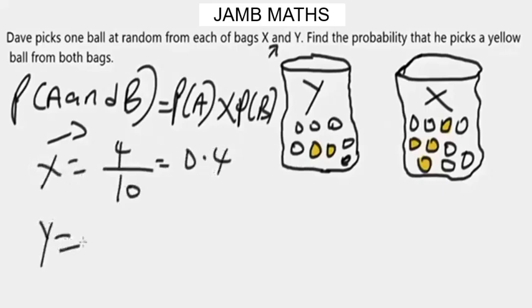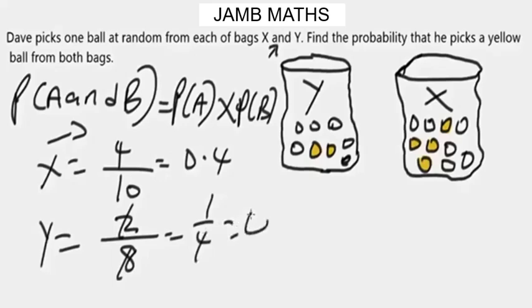Now for bag Y, the probability of Dave picking a yellow ball from bag Y: how many yellow balls do we have in bag Y? You have 2. Total number of balls in bag Y, you have 8. When you break this down, it gives you 1 over 4, which is the same thing as 0.25. So that's it for the Y event.